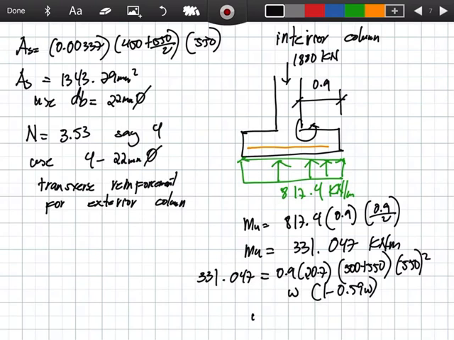Omega is 0.055. Ay, hindi pala yan omega. I'm sorry. Omega. Okay. 0.579247.